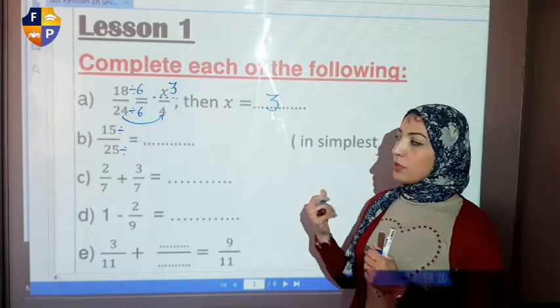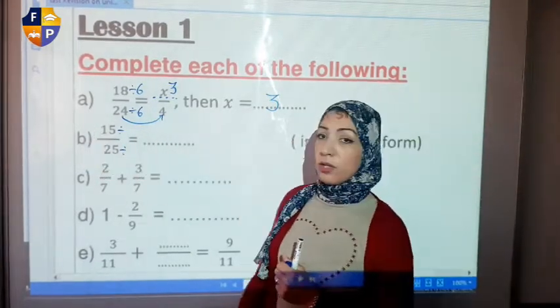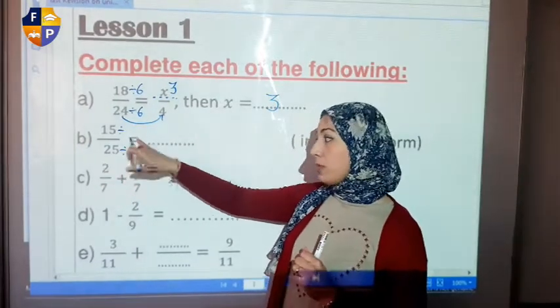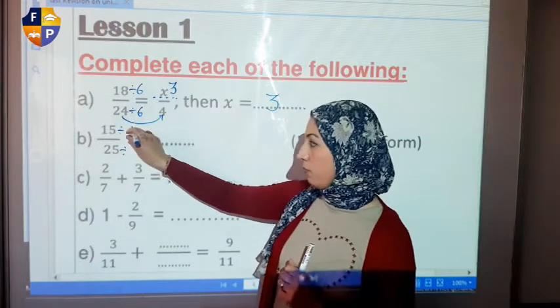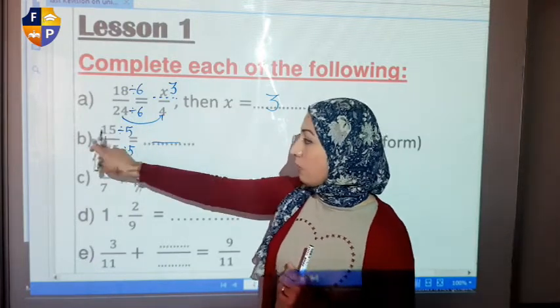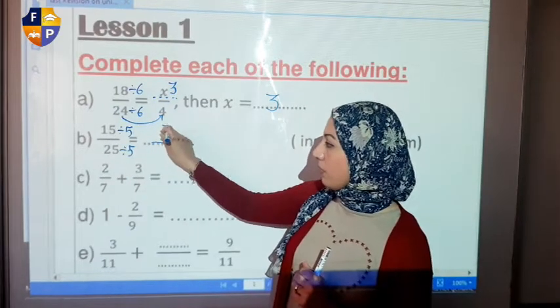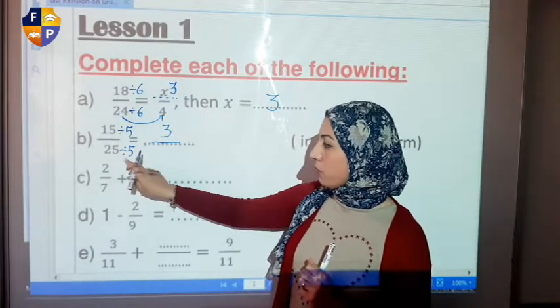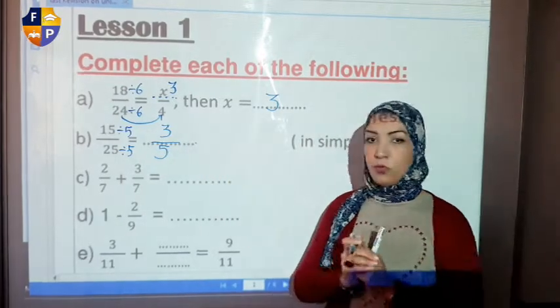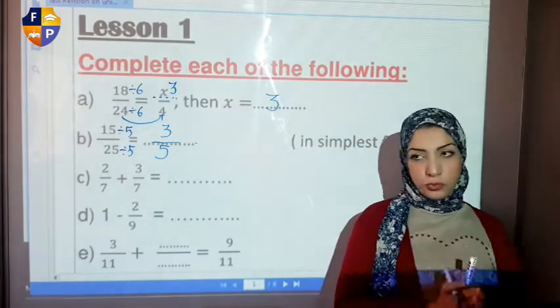All of you know that 15 is divisible by 5, and 25 is also divisible by 5. So here the common factor is 5. So we will write 5 up and down. 15 divided by 5 equals 3. 25 divided by 5 equals 5.